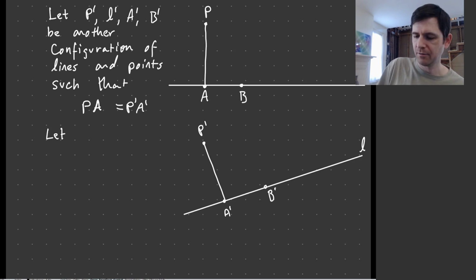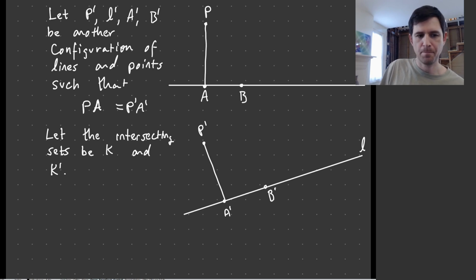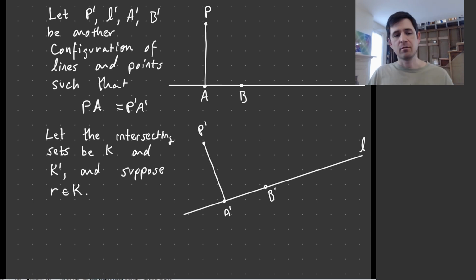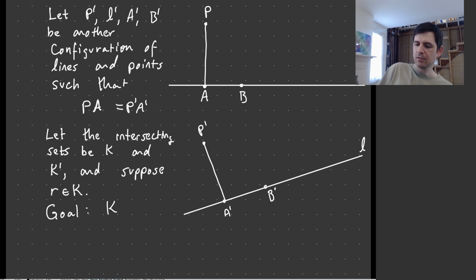Now we'll let the intersecting sets be K and K prime. And let's take some R in K. So our goal here is to prove that K is equal to K prime.